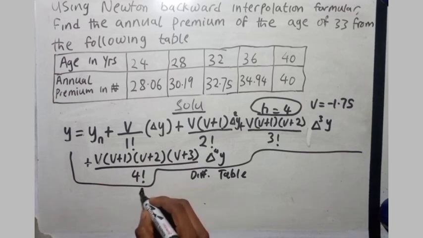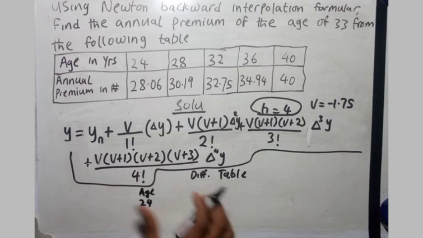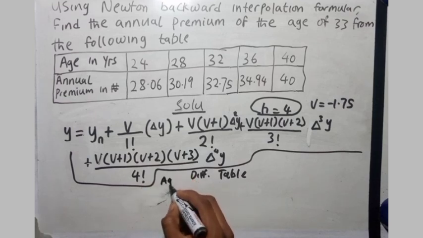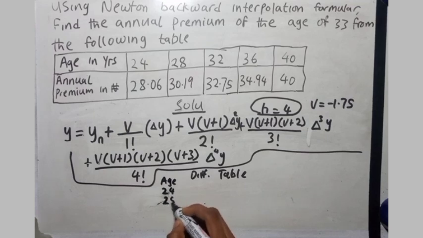For our age, we have 24, 28, 32, 36, and 40.